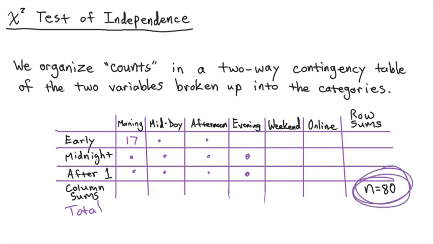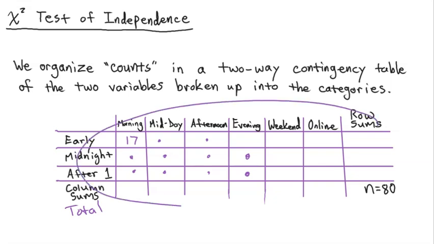So the number that goes right here is going to have to be equal to your sample size, which in our example is 80, okay? And so first we organize all these counts into a contingency table, and then we do some interesting calculations to gather some statistics and be able to conclude whether the two variables are independent or related to each other.